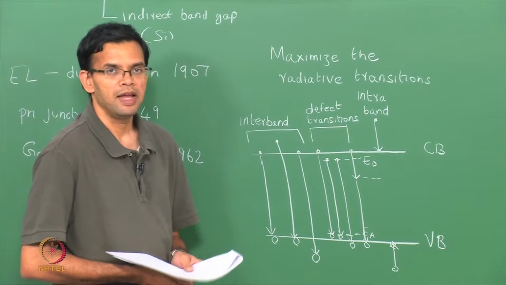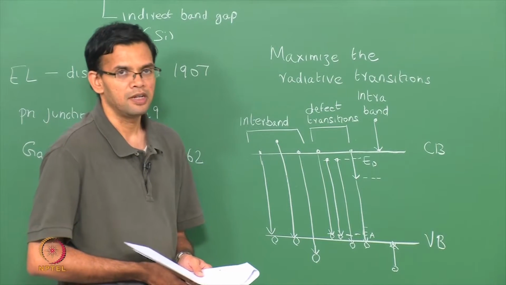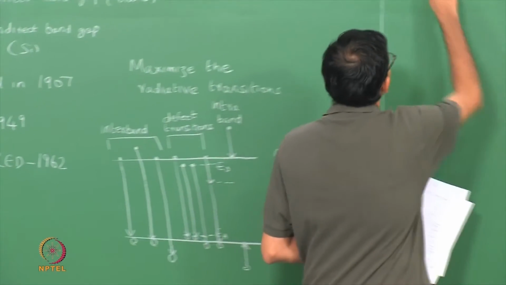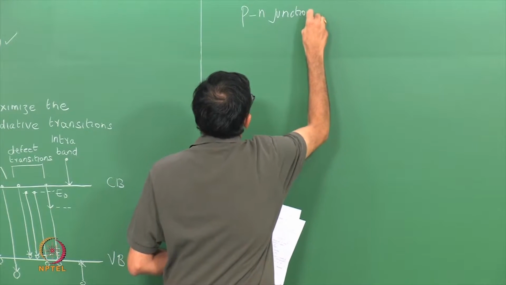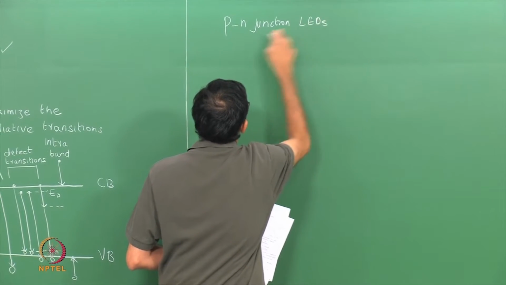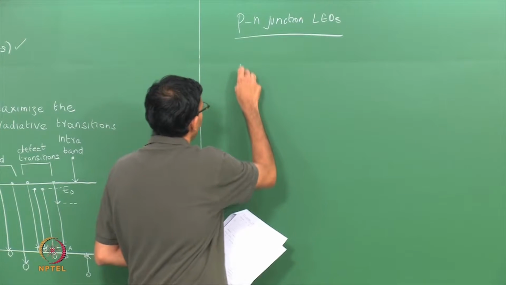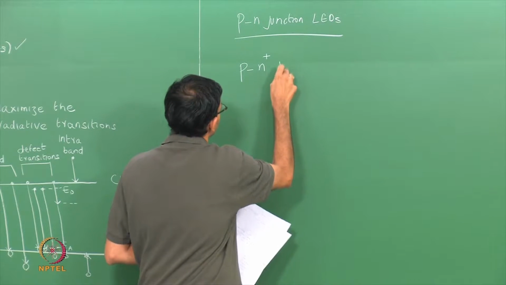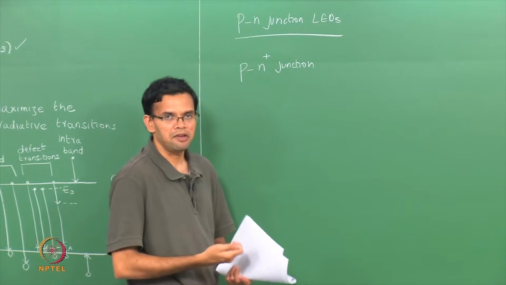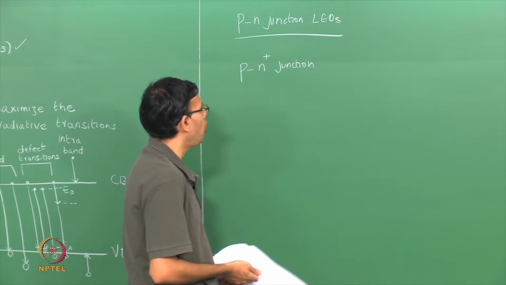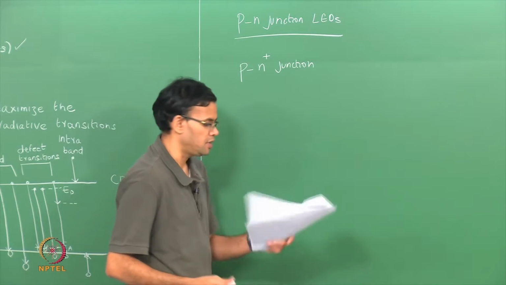So, the simplest kind of LED is essentially a PN junction based LED. So, let me start with that first. So, consider a simple P N plus junction. The N plus means that the N region is heavily doped. So, when we form a junction, the depletion region is mostly within the P side.